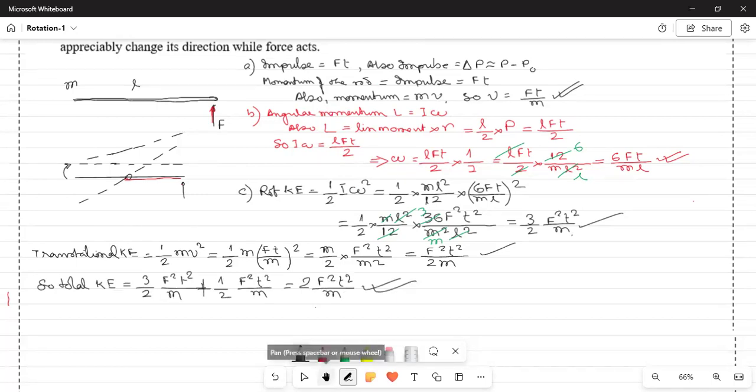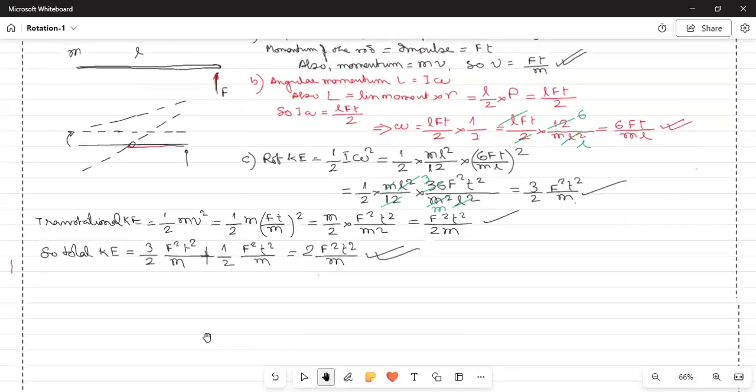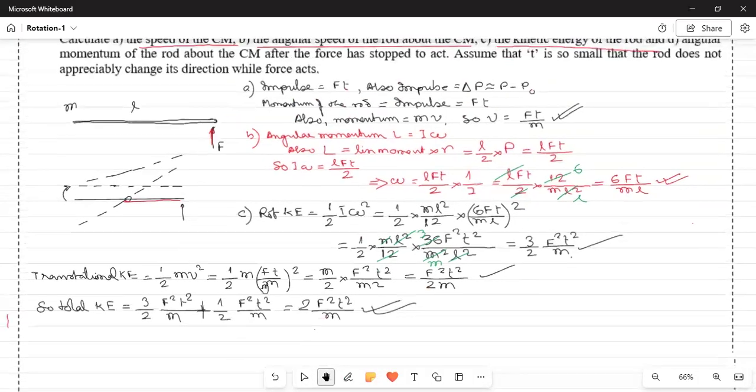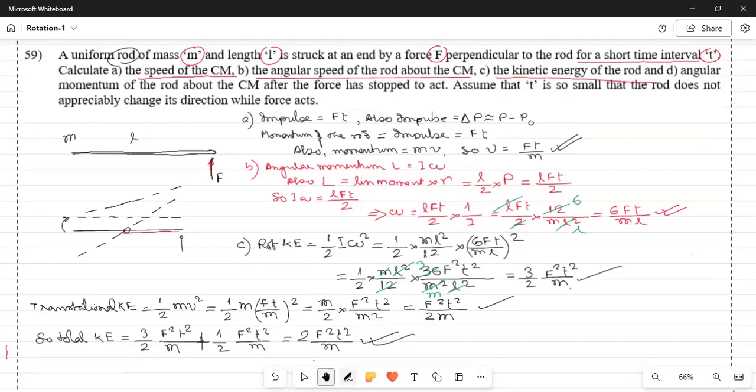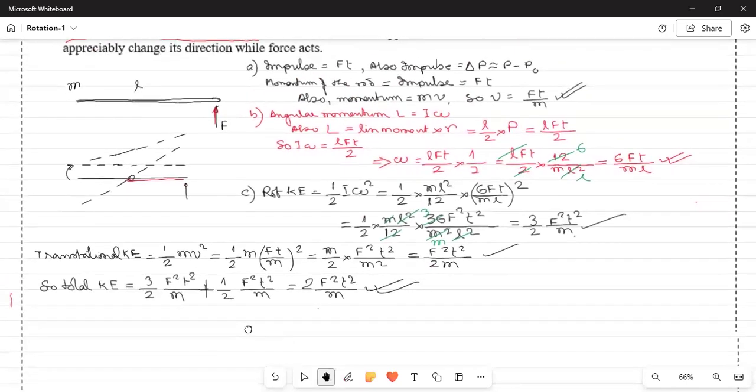Now there is another small part, that is answer D, which wants us to find out the angular momentum of the rod about the center of mass. Angular momentum is L, which is equal to I omega.